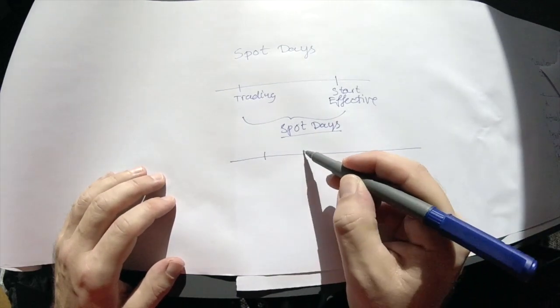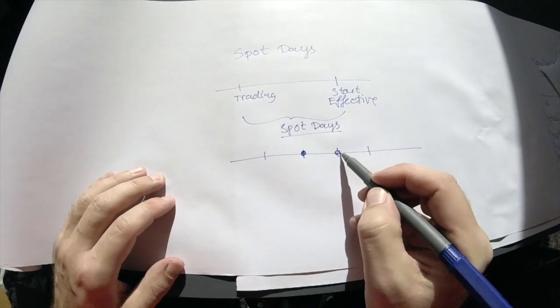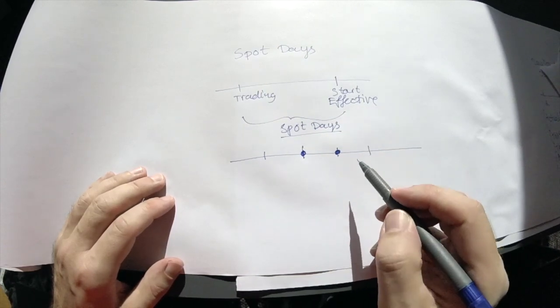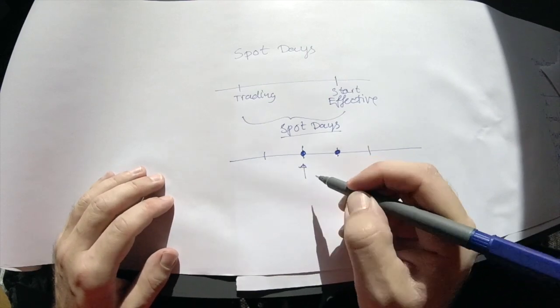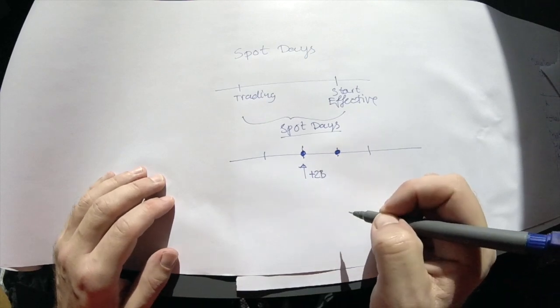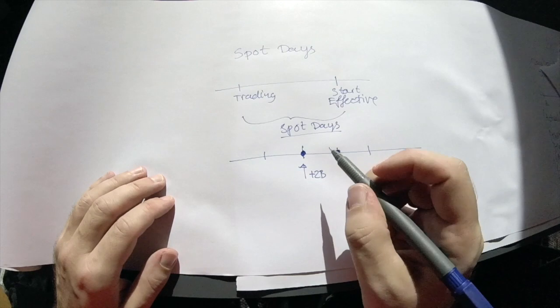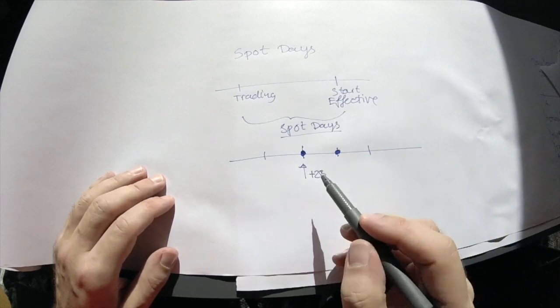So if you look at a set of dates, and some of them are non-business days, so let's pretend that these two dots are weekends. And let's say that you want to figure out for this particular date, what is the meaning of adding 2 business days to this one? Well, you could say that it only makes sense to add business days if you are at a business day already.